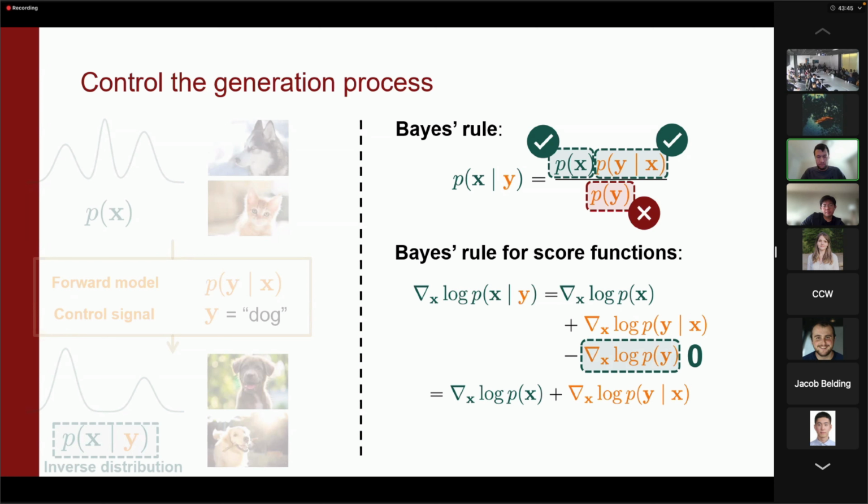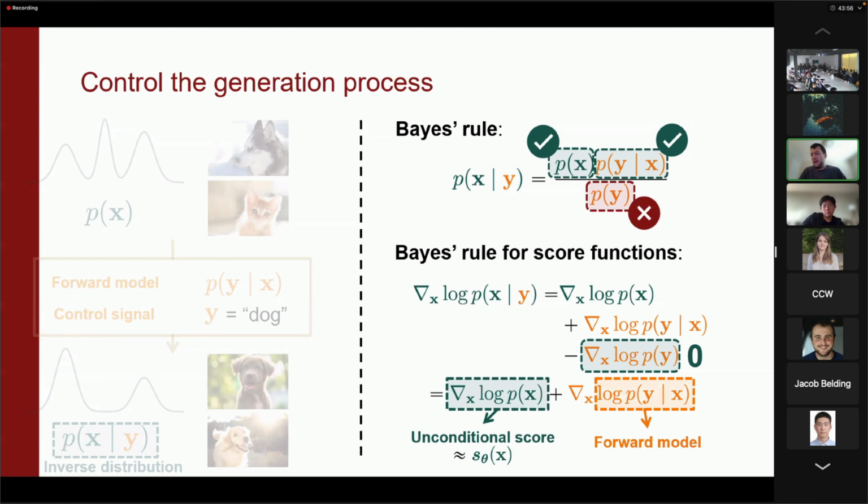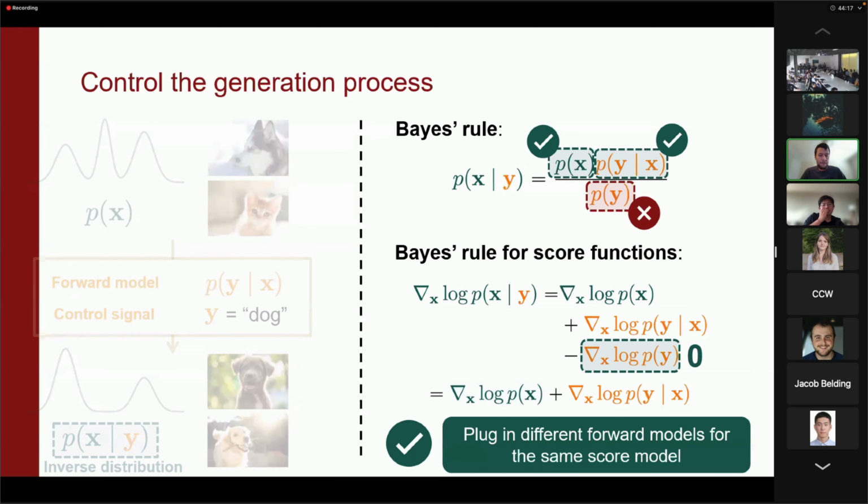So if you have a pre-trained generative model that is parameterized using the score, you can combine it with any likelihood function. To the extent that you can compute the score function of this likelihood, you can get the score of the posterior, which means that there's a plug-and-play way of taking a generative model, combining it with a likelihood, and sampling from the corresponding posterior, which is what we can use to control the generative process.